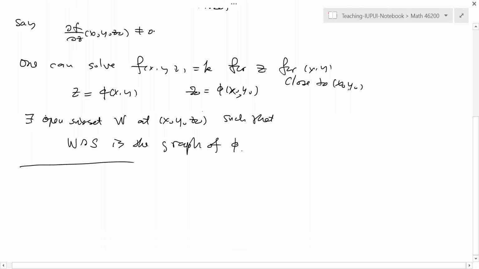Now we are going to consider a special function, which is called the quadratic function. We're going to consider this type of function. They are in the form a1 x squared, so it involves squares.